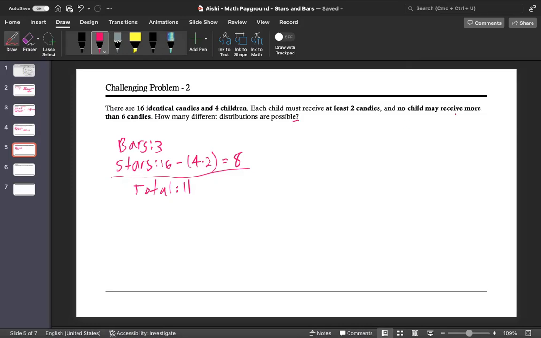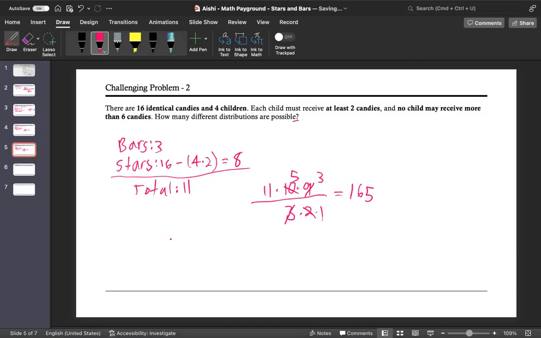So that would be 11 times 10 times 9 divided by 3 times 2 times 1, so 2, 2. Okay, so we're left with 11 times 5 times 3, which is 165. Okay, so that would be if there hadn't been a limit.